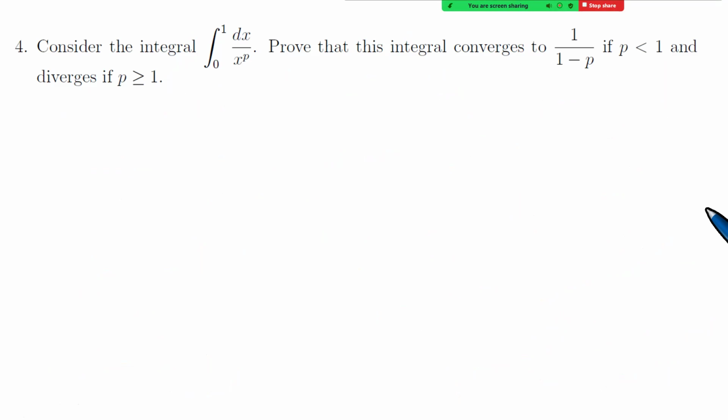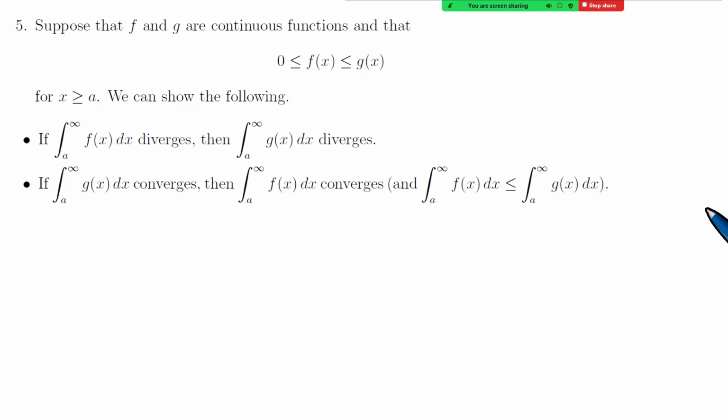Now we have number 5. Suppose f and g are continuous functions, and that this is the order of the functions.